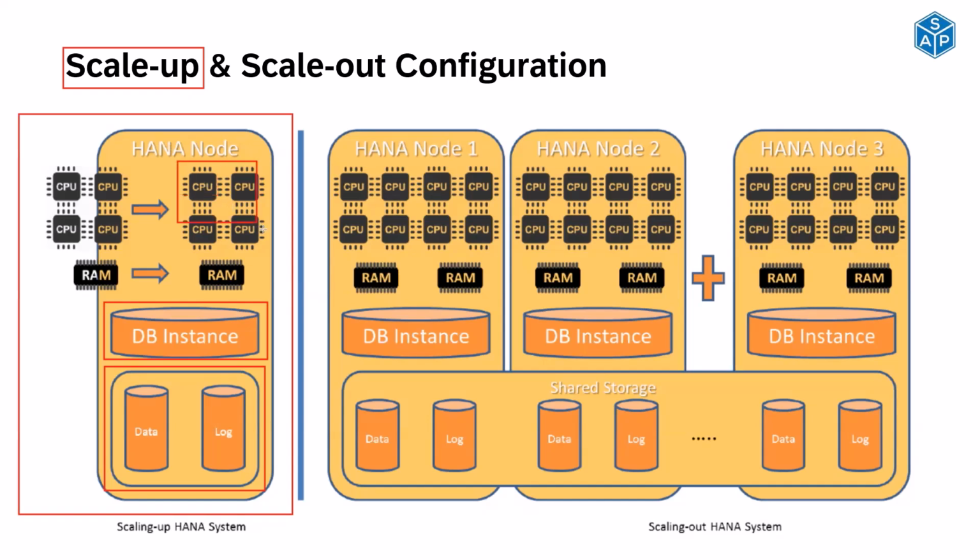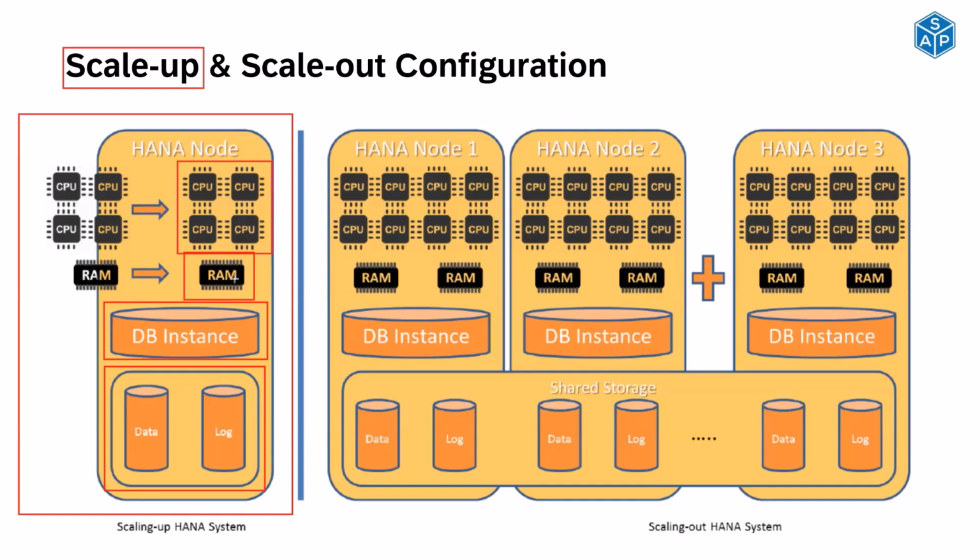You have assigned 4 processors to the HANA node, and you have assigned memory, for example 256 GB, to this system. It can be a physical server or a virtual machine. Now you have assigned this to this server.